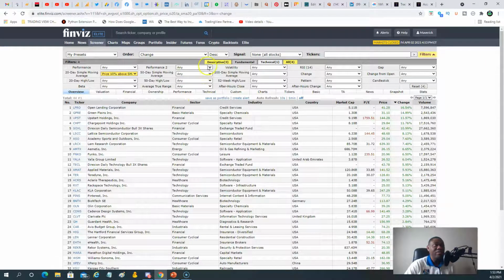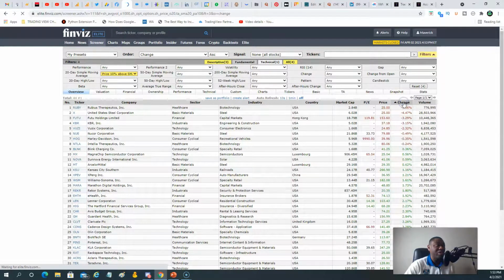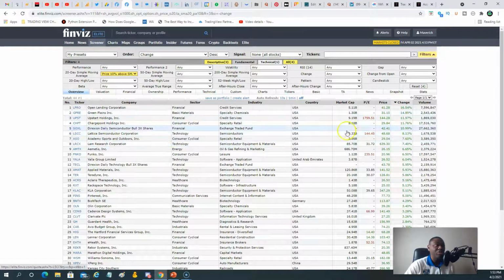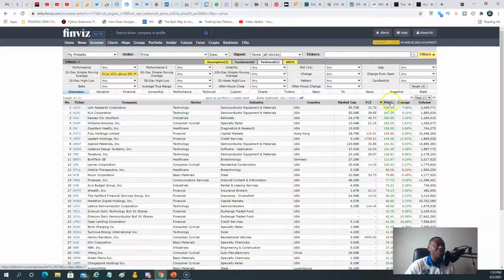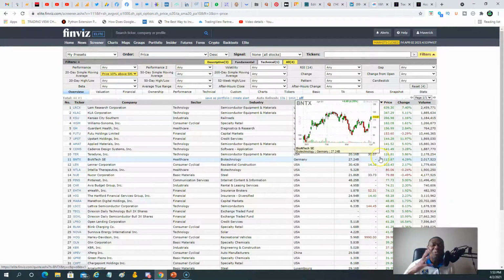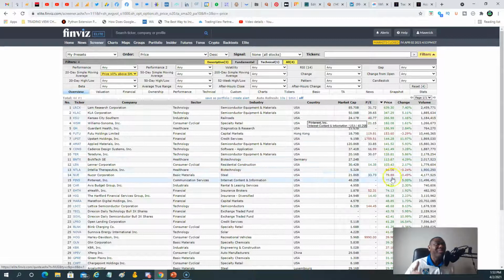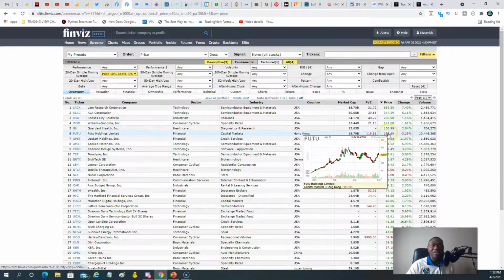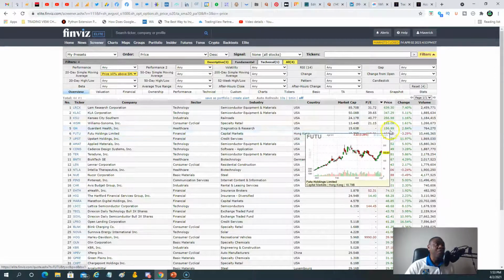So in that case, obviously here you can filter that. You can filter change, ask it to give you bearish or bullish, or you can filter by price on here to pick whichever one. For me, what I'm trading is options, so I'm always picking the stocks that have the highest price, as long as they have enough volume on the stock.